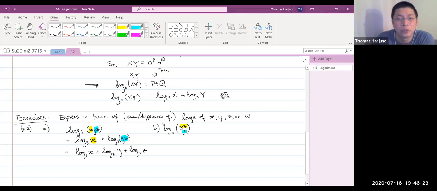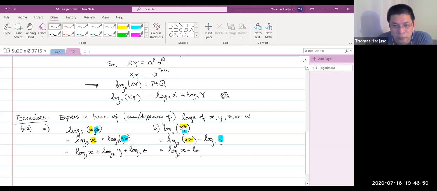I use property number 2, that's log base 3 of xz minus log base 3 of y. And then from there, I use property number 1: log base 3 of x plus log base 3 of z minus log base 3 of y.